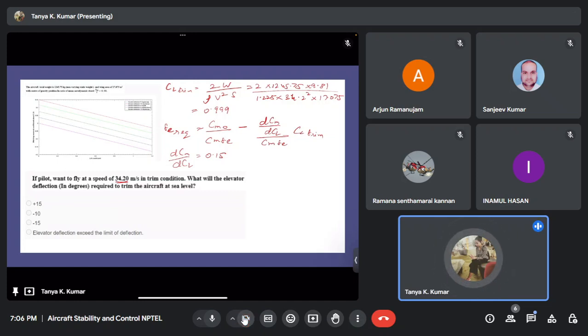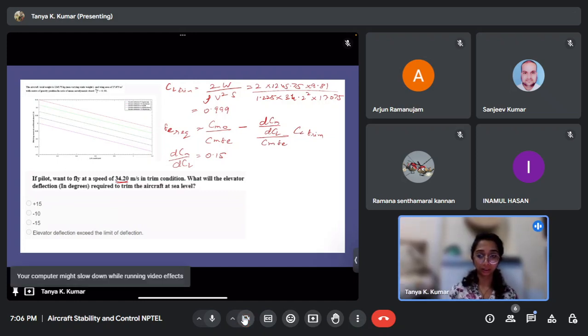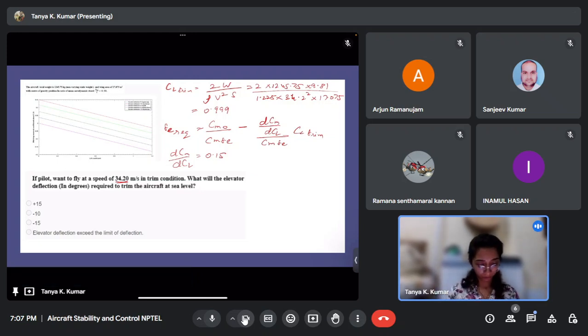Instead of using the delta E required equation, you use a straight line equation. The slope is dCm upon dCl, 0.15, and you take 2 points: one is the y-intercept and one is the CL trim.